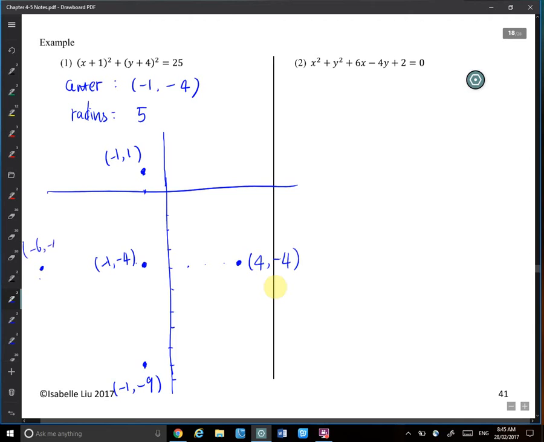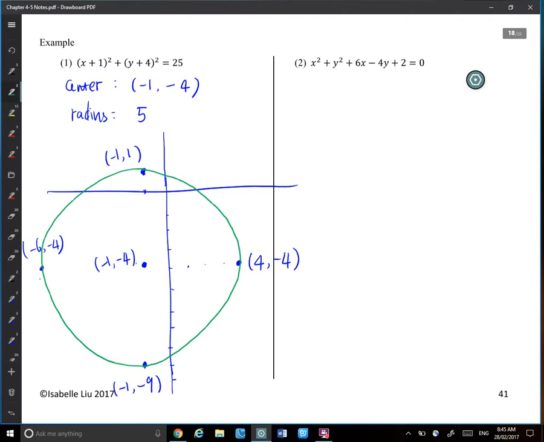That's minus 6 and minus 4. If you connect those points to make a circle, that's the shape of the circle. Even though it does not look really like a circle, we suppose it's a circle.